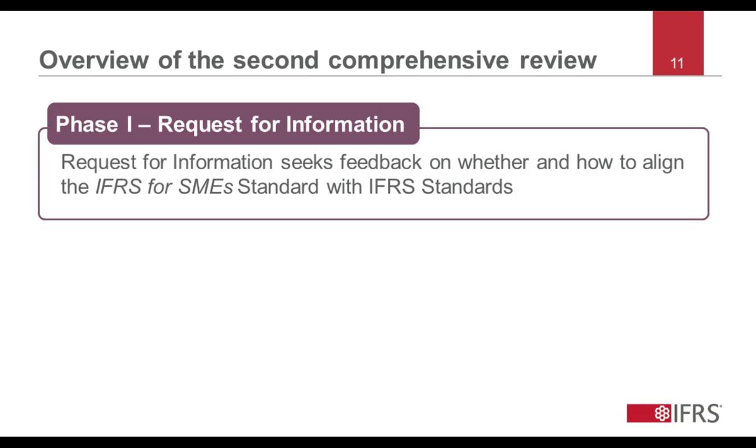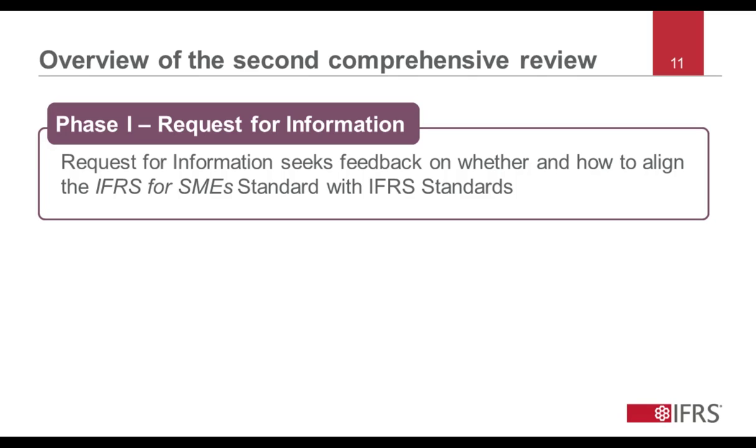Now, in phase one of the review, you'll notice that the questions in the RFI are really structured around three particular questions. The first question is, should the board align? So should we take a standard that's in full IFRS standards and align the IFRS for SME standard? Or in circumstances where the board is saying, actually, we've looked at that standard and we feel that it would be best to leave the IFRS for SME standard unchanged.